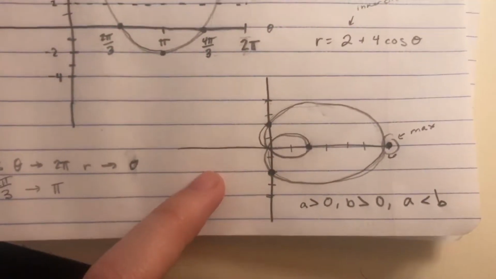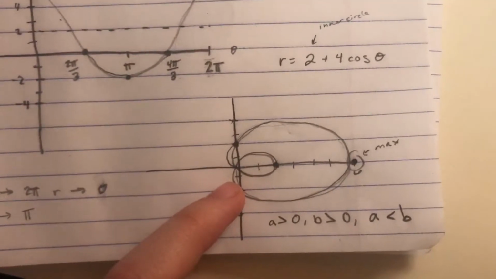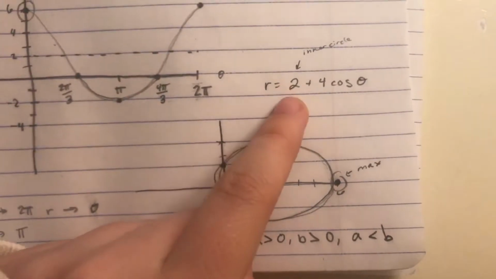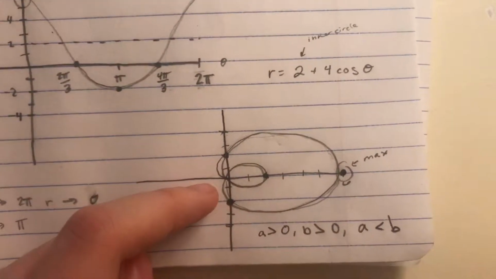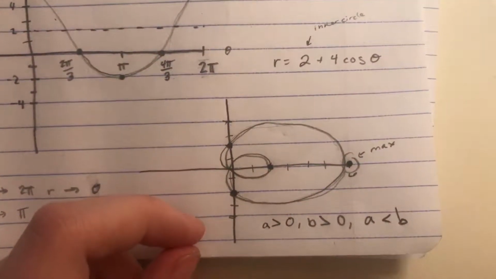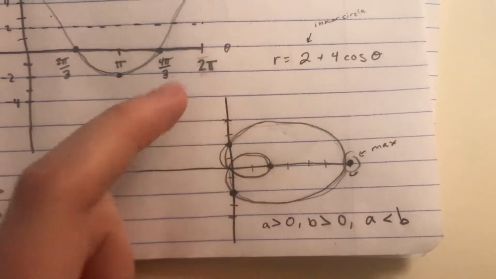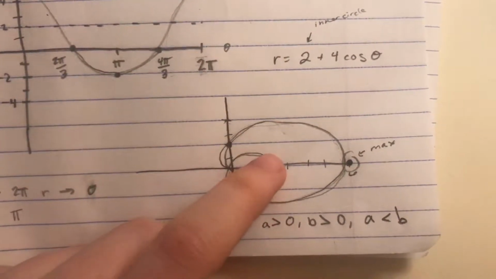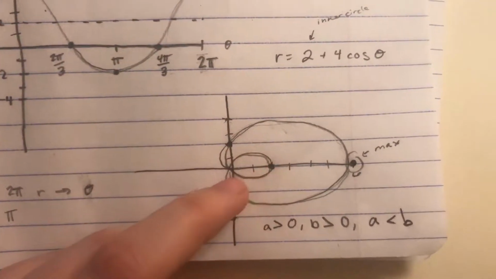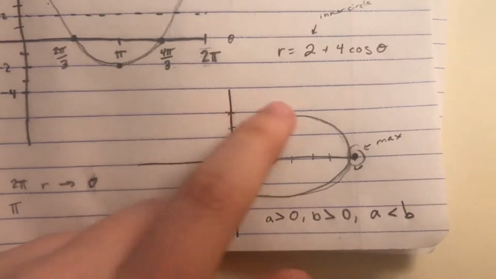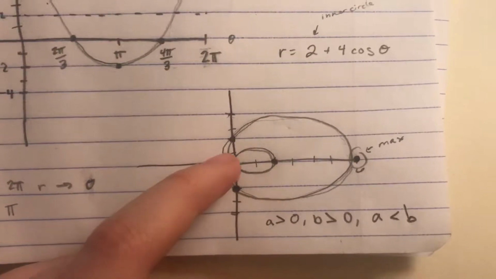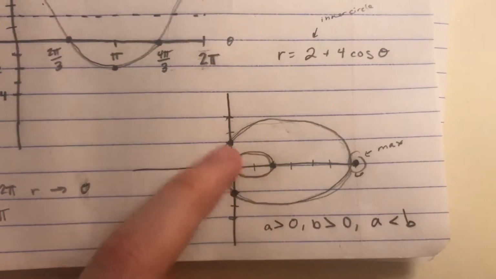And what factors into this is also the 2 that's added here. As we know, we have a minimum value of -2. We have the 2 that's being added, and that kind of creates this discontinuity right here, this little loop-de-loop.